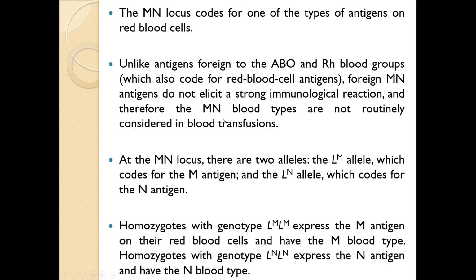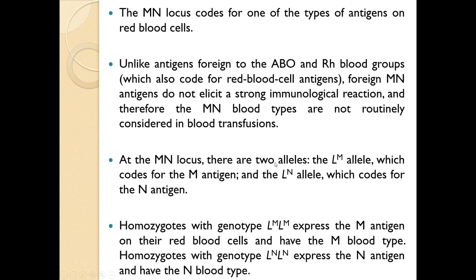In the case of ABO blood grouping, the ABO blood group is much more reactive. If a foreign ABO antigen is present in an individual, the antigenic reaction is much higher. That is why ABO and Rh blood grouping are considered for routine blood transfusion cases.